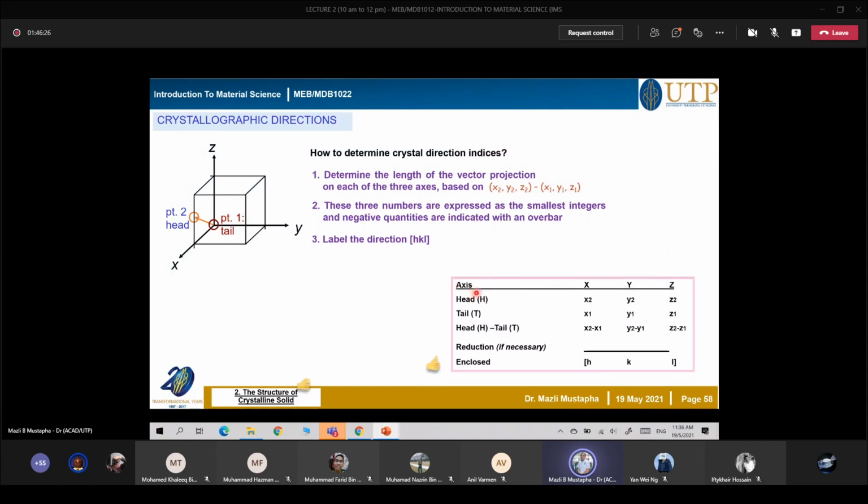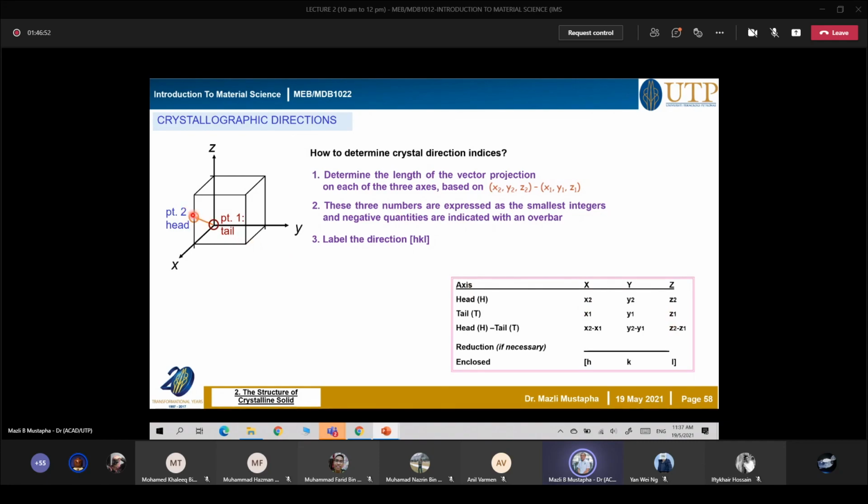As I mentioned, this one is x, this is y, and this is z. For the head, the head is the one with the arrow. We find it as x2, y2, z2.